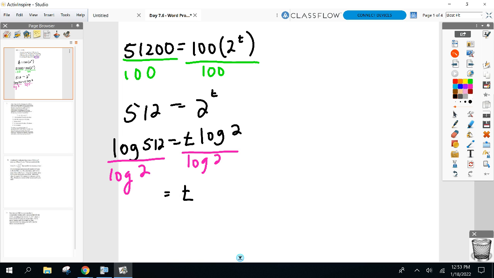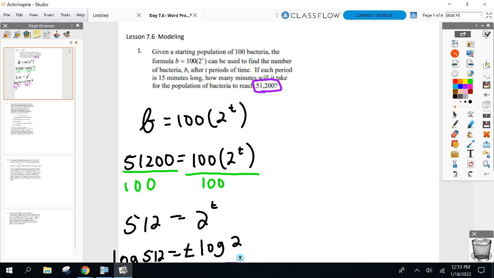And T is going to equal 9. Good. Here's the problem, though. It's not done. What does T mean again? Number of periods of time, right? I'm looking for how many minutes. How many minutes is it going to take? Well, what do we know about each period? How long is each period? 15 minutes long, yeah.